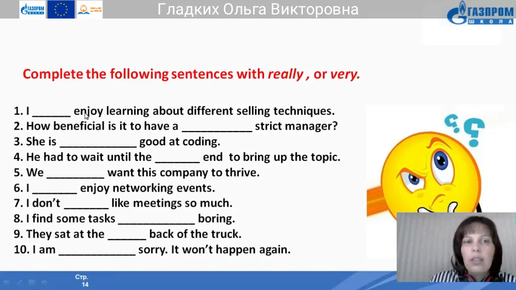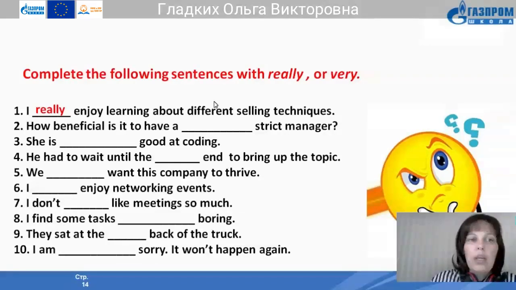Now, complete the following sentences with really or very. I enjoy learning about different sailing techniques. Please type your answers. When do we use really or very? So, please, students, be more active. Aliyar, really? So, okay, you are right.